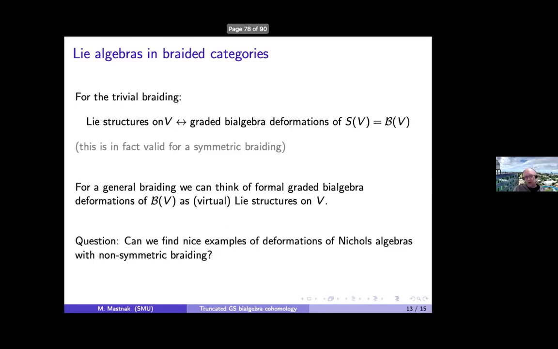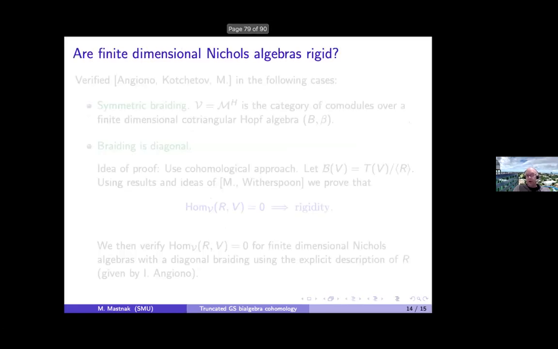The question that I occasionally work on, with not much success yet, is can we find some nice examples of deformations of Nichols algebras with non-symmetric braiding? The one place where you cannot look is finite dimensional Nichols algebras, because those are actually rigid.